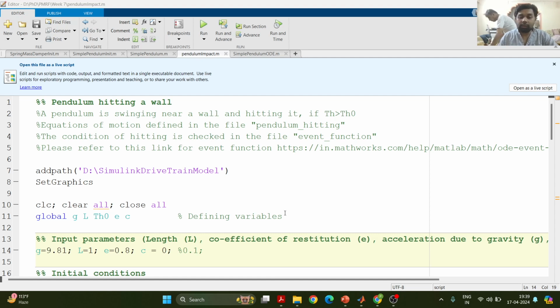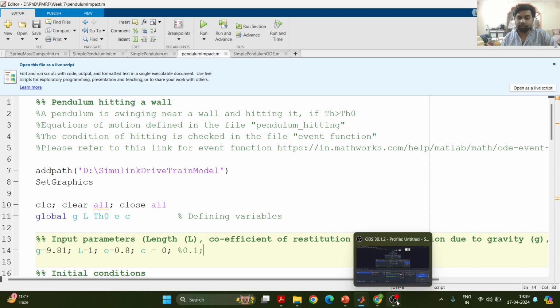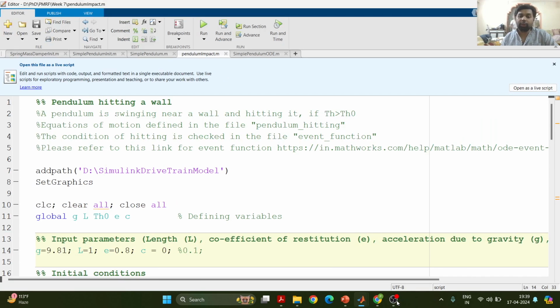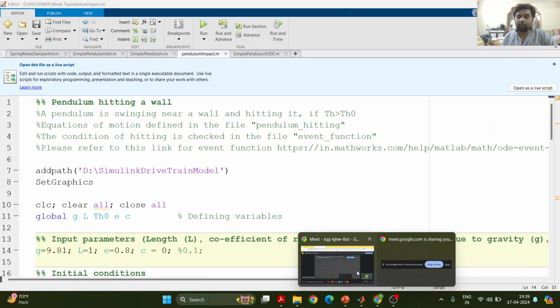Sure, we can discuss this example further in detail in tomorrow's session. Okay, thank you. In the meanwhile, you can go through the documentation.